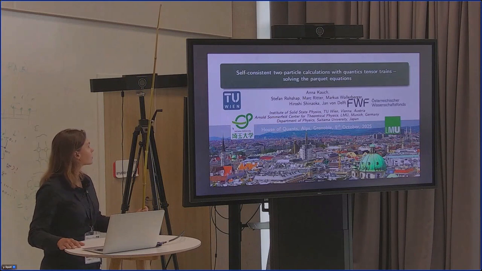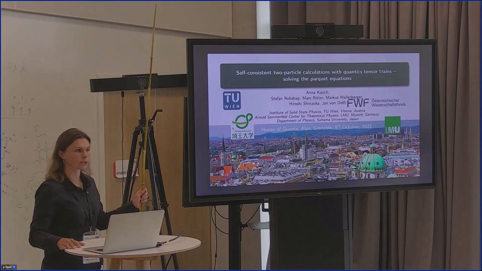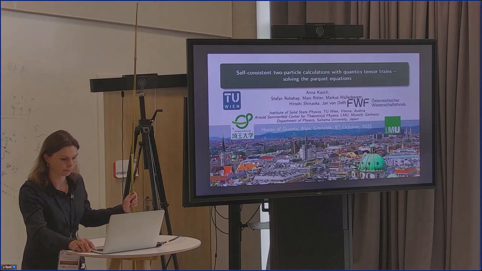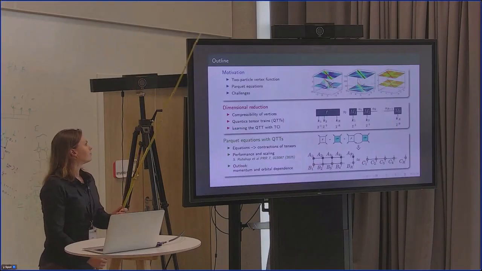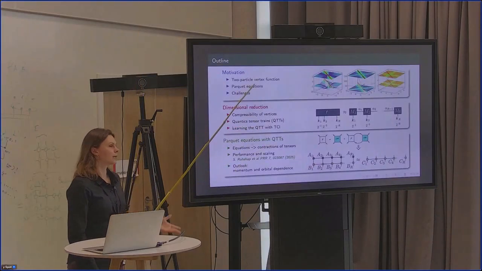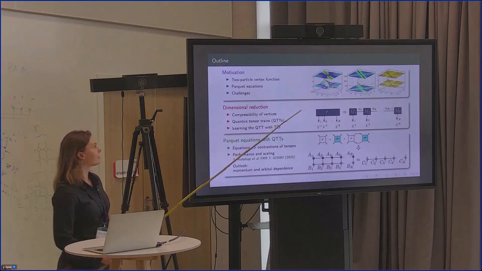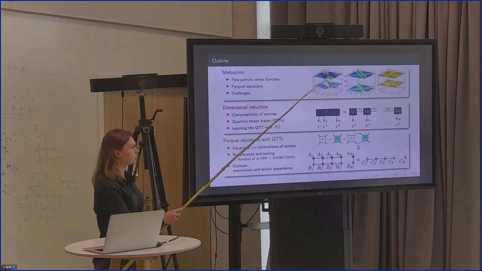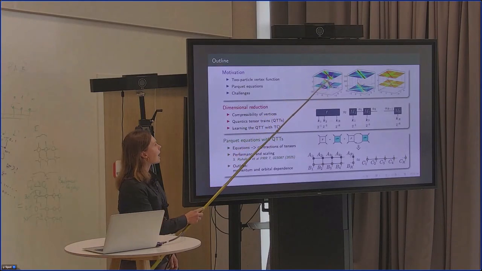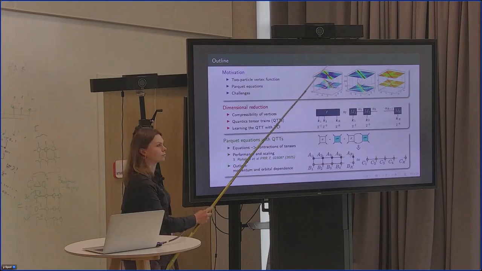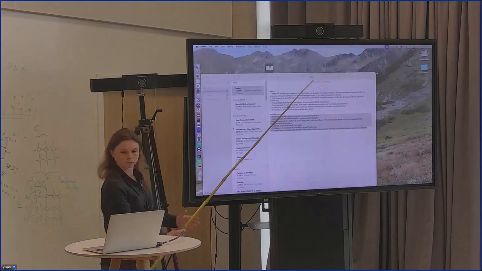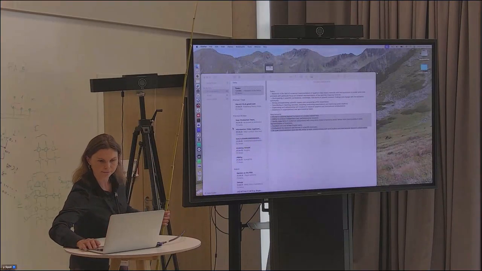How do you solve self-consistent two-particle equations with quantics tensor trains? This is, in a nutshell, what I will be talking about. I have very complicated multivariate functions called vertex functions that have some structure, but they really take a lot of memory.